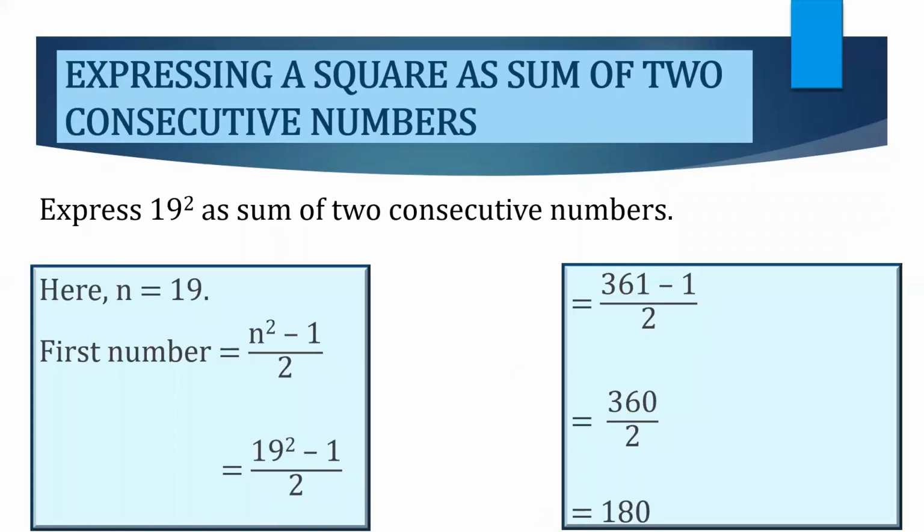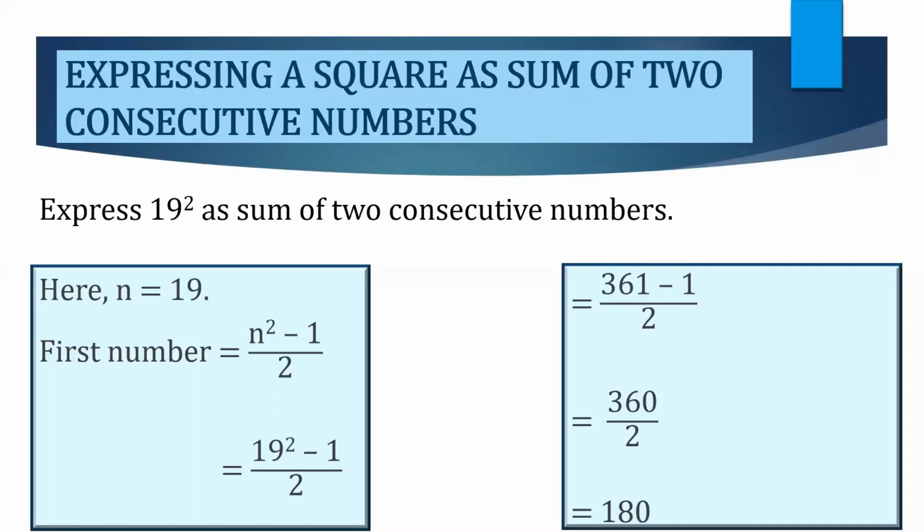Now, one more topic, expressing a square as the sum of two consecutive numbers. So here we have to express 19 square as the sum of two consecutive numbers. First, we will take n equal to 19.